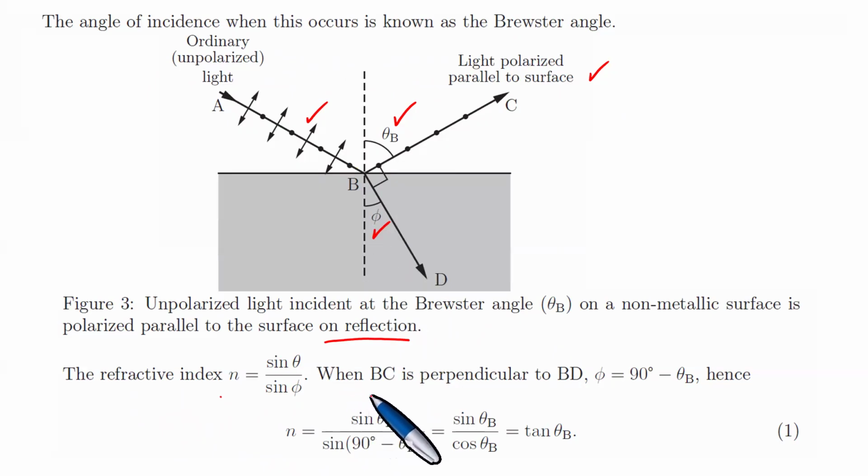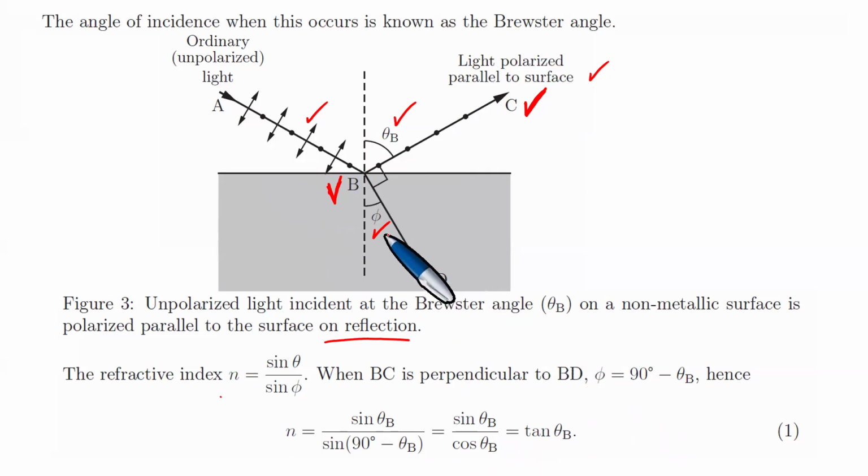Now, when BC is perpendicular to BD, you're able to see that BC and BD are perpendicular to each other.